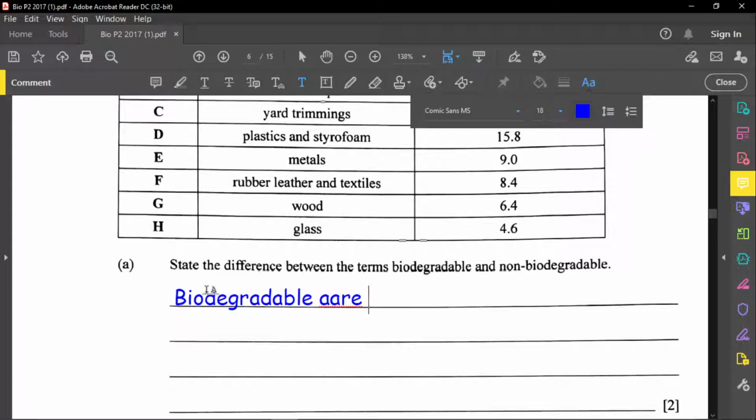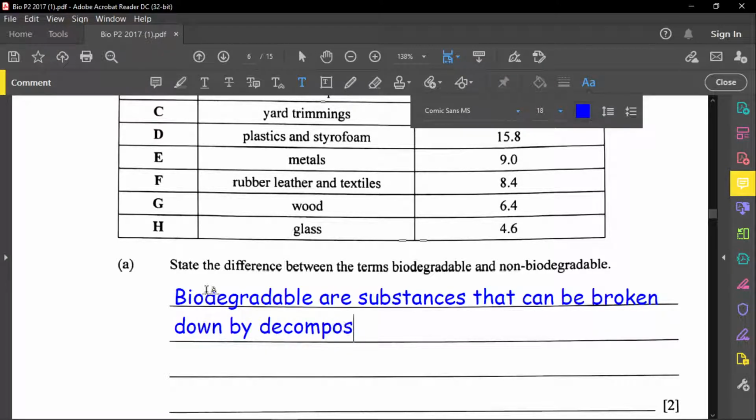Biodegradable are substances that can be broken down by decomposers, such as bacteria.